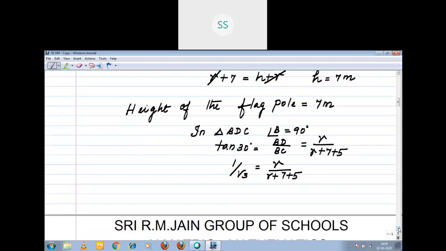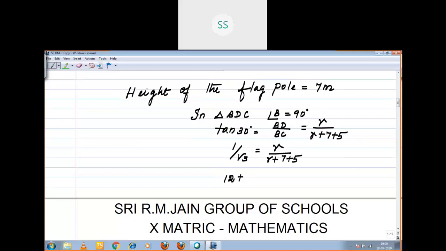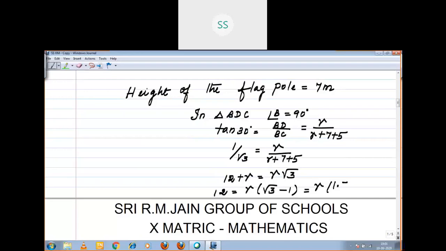Now 12 plus R equals R root 3. Now 12 equals R, you should take it as common, root 3 minus 1, which is equal to R into 1.732 minus 1. Root 3 value is given to you as 1.732, which you are going to substitute.